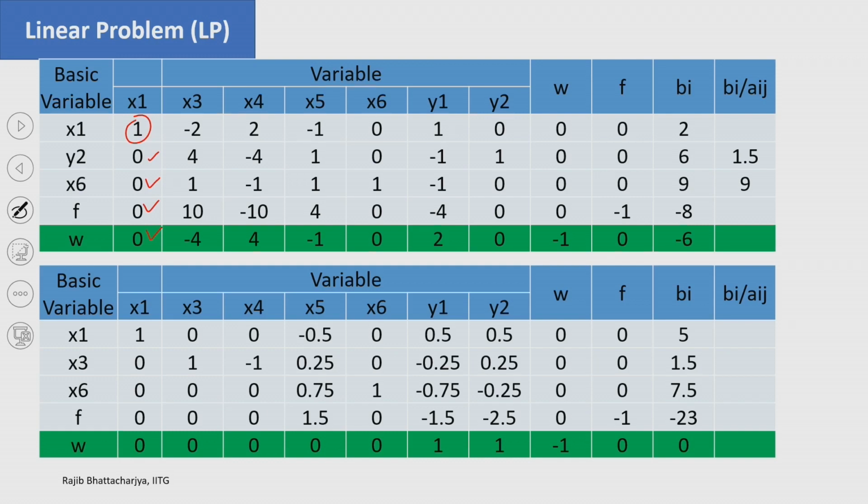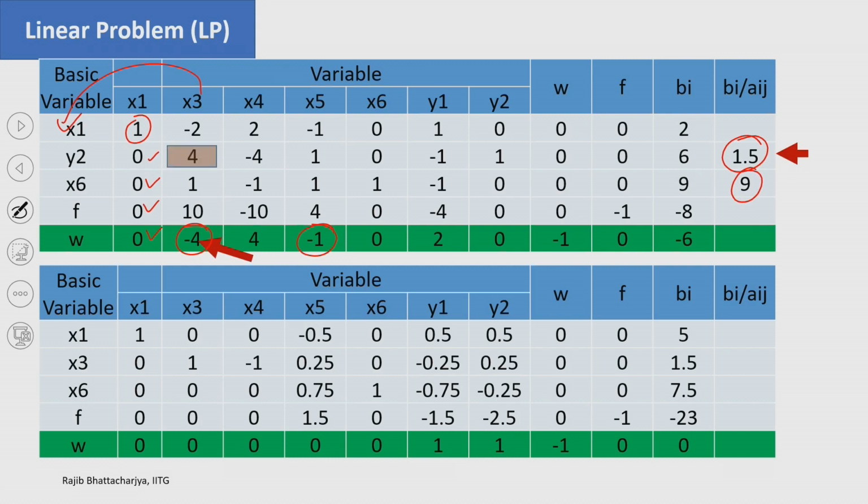Now, y 2 is still there. The next question is, can we improve the solution? Yes, because there is a negative coefficient here, and there is a negative coefficient here. This is the minimum one, so that means x 3 will enter into the basis and we will calculate the ratio. This ratio is 1.5 and this is 9, so that is the minimum one.